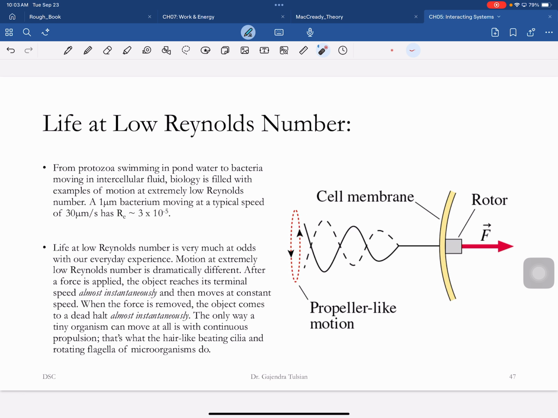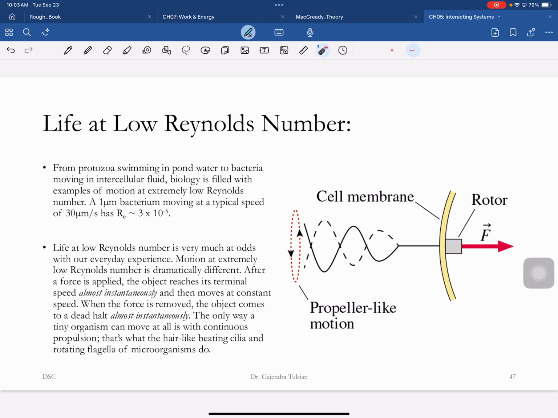So here's the model of a flagella, which a microorganism uses. It's a hair-like structure, and when it wants to move forward, it spins the flagella. You guys have seen those Chinese dancers do the ribbon dance? It's like a ribbon, and this motion is what's employed. What this does is push the fluid backwards.